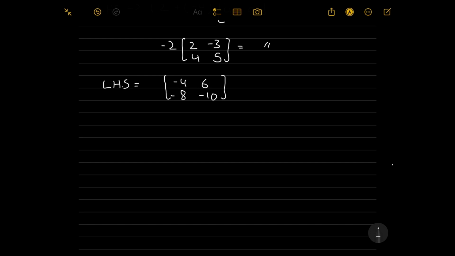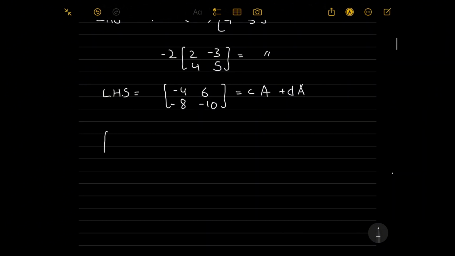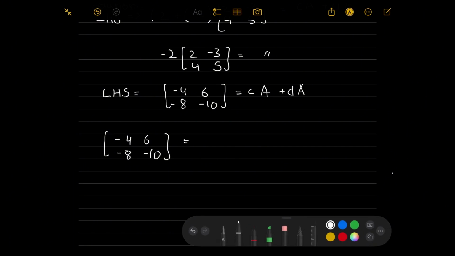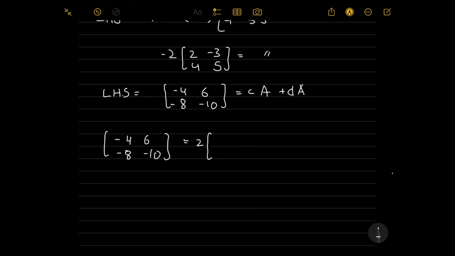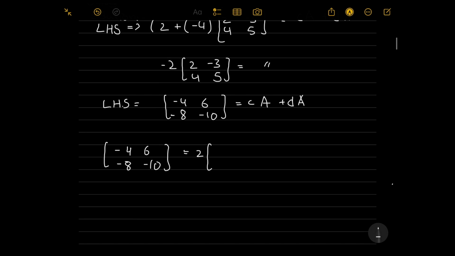Now we're going to prove the right hand side. So the right hand side, we just write CA plus DA equals C. The value of C is 2, and then the matrix A, which is 2, -3, 4, and 5.